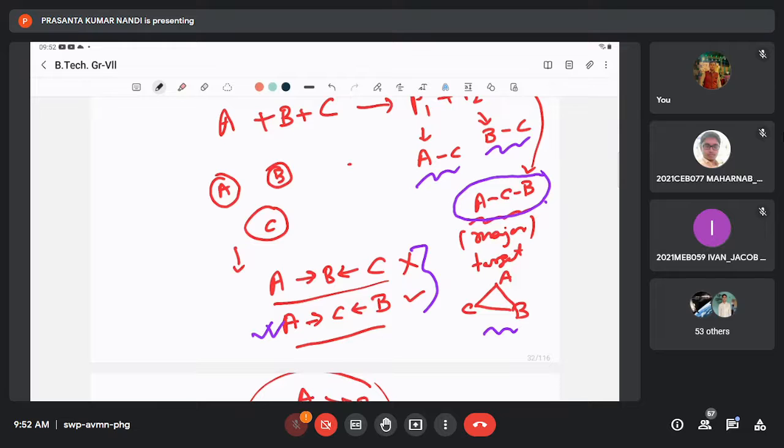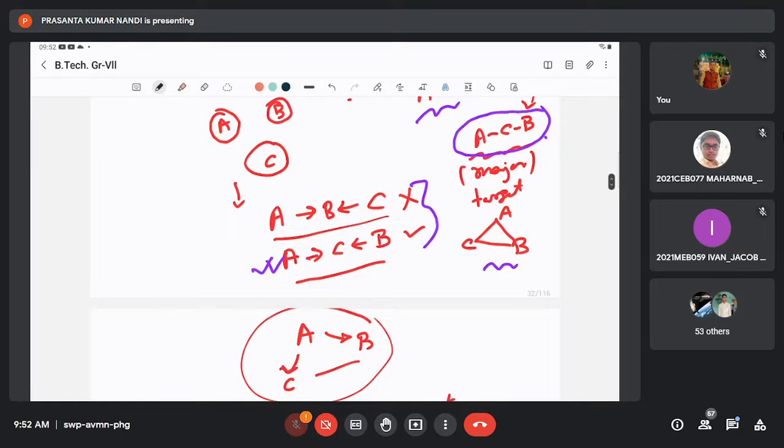Now if the molecules approach like this, in the first case, it will not lead to the desired or expected product, A, C, B. But in the second approach, where A and B are approaching C, this linear product ACB will be more favorable.